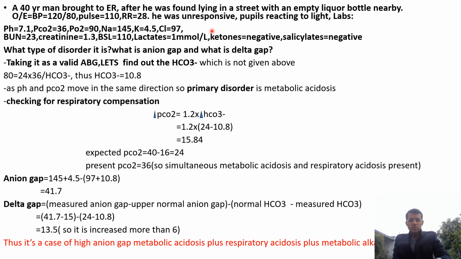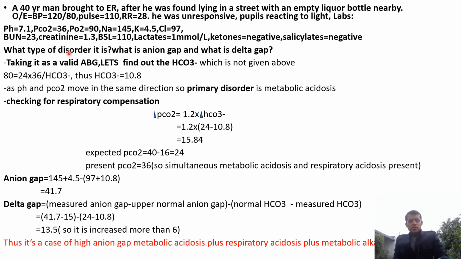He was unresponsive, pupils reacting to light, labs ABG done, 7.1 pH, PCO2 36, PO2 90, sodium 145, potassium 4.5, chloride 97, blood urea nitrogen 23, creat 1.3, blood sugar levels 110, lactates 1 millimole per liter, ketones negative, salicylates negative. What type of disorder you think this have? What is the anion gap? Can you calculate that? And what is the delta gap in this patient?